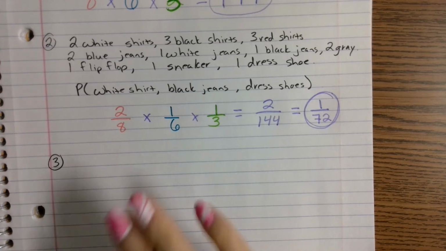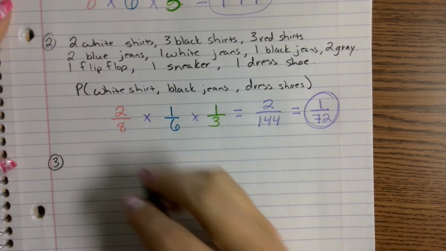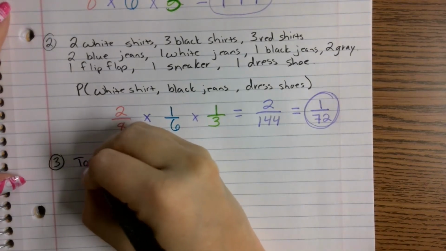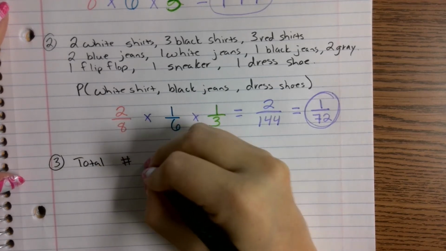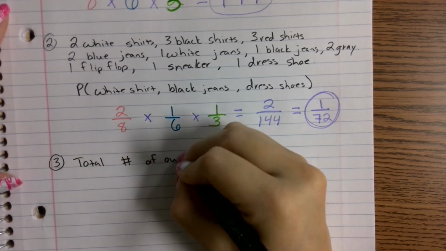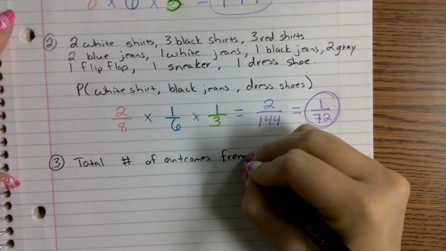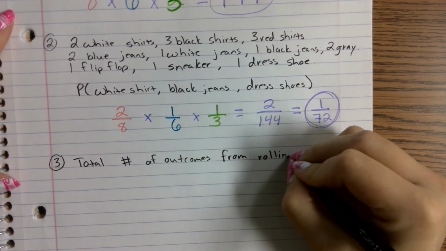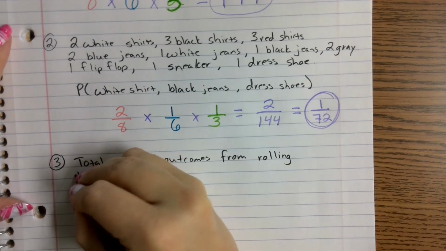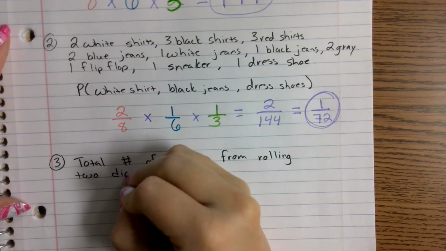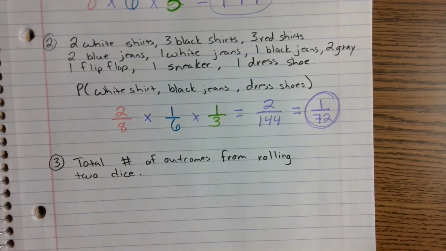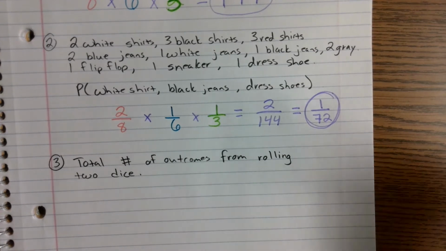This is the one that gets everybody every single time. I want to know the total number of outcomes from rolling 2 dice.